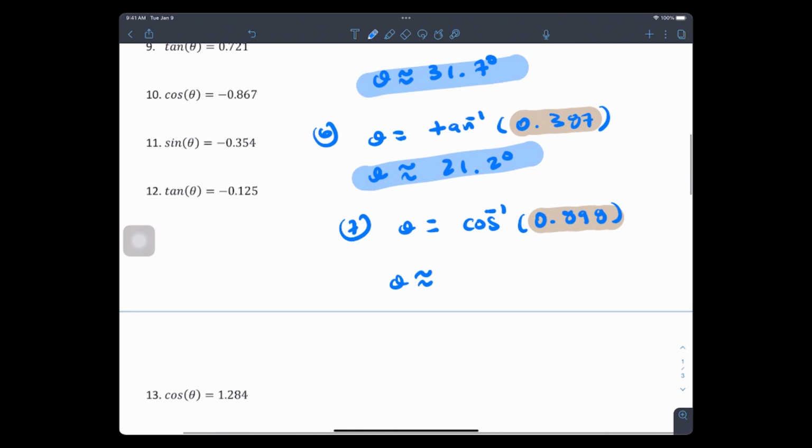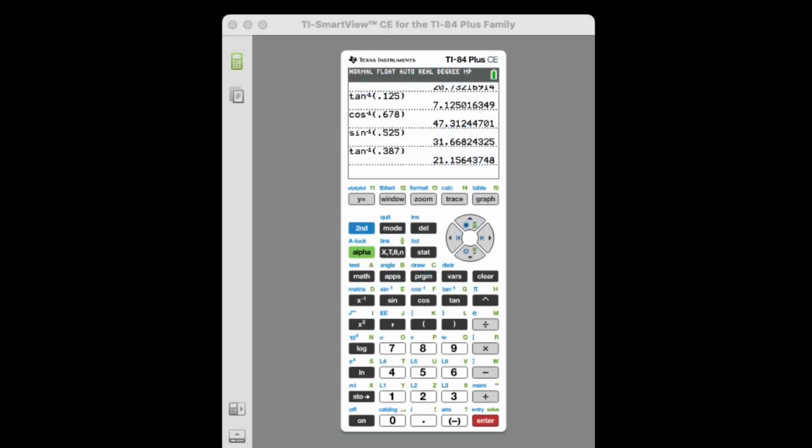So how do we get theta? Use the inverse cosine key. .898. 26 point what? 1 degrees. Is that true?